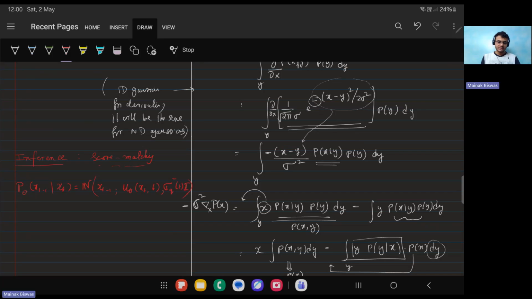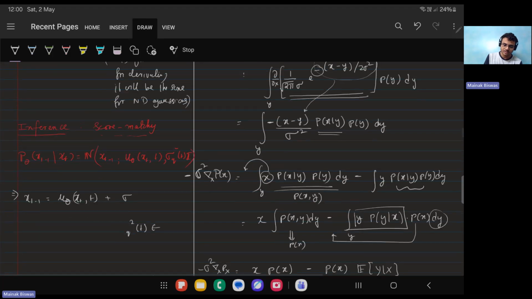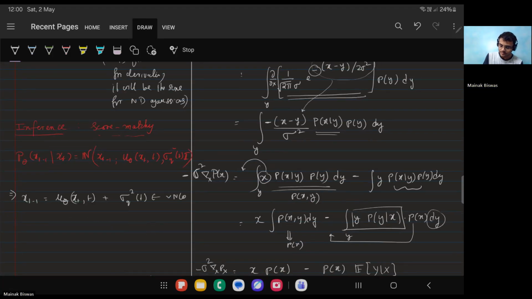This is what it is represented as. So now what I can do is I can write this as xt minus 1 is equal to mu theta of xt comma t plus sigma q squared t into epsilon noise.